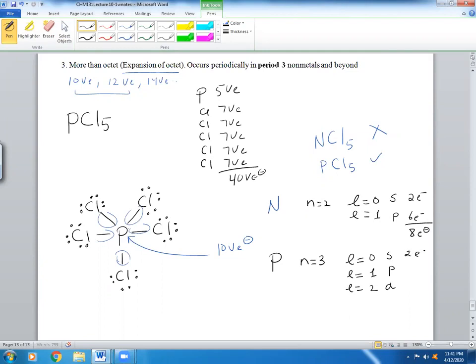We already went over this, but just seeing the connection here, and 10 you can put in d. We already did electron configuration. So 2 plus 6 plus 10 is 18. So notice why P can take more than 8: because it has, right here, this is the key, d orbitals. So if you have anything over 8, they're going to go into the d orbital.